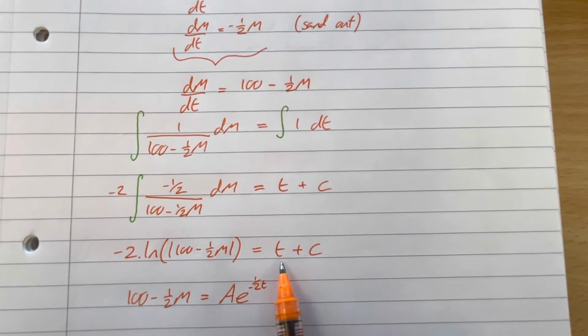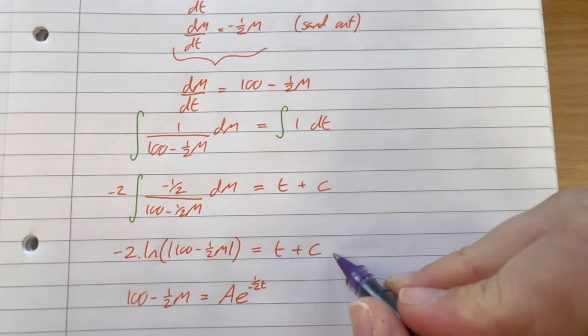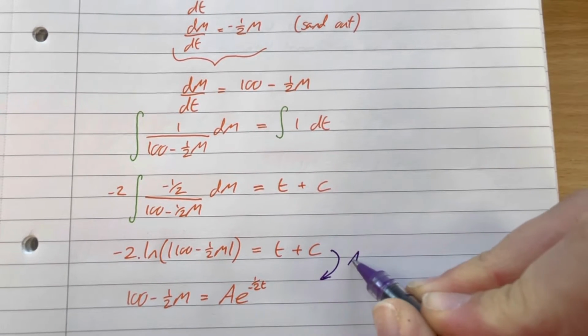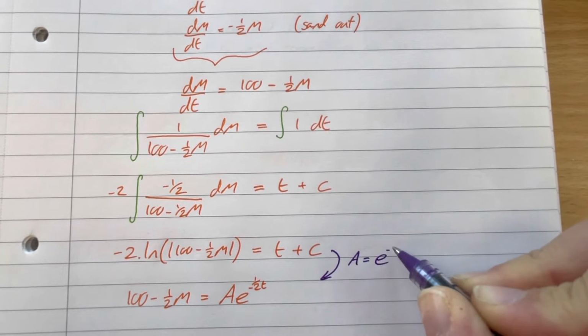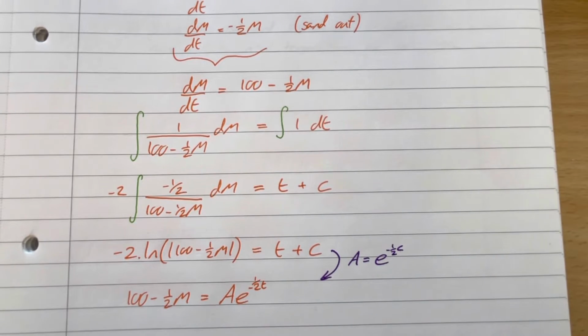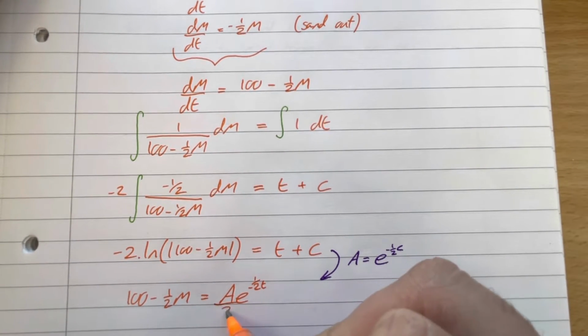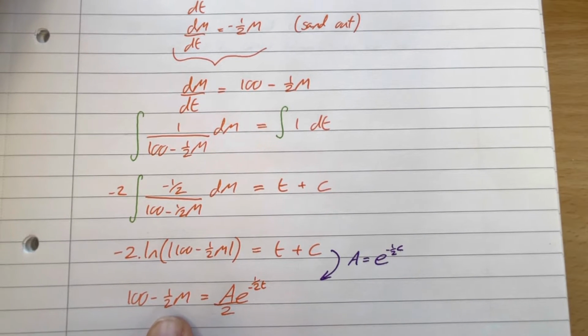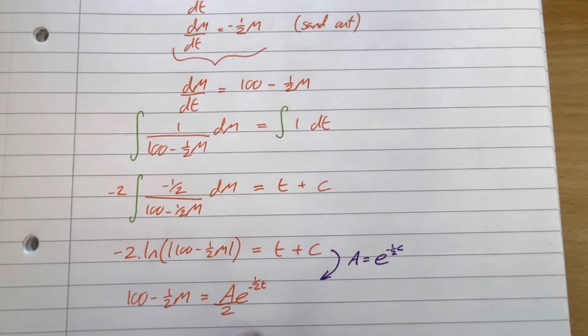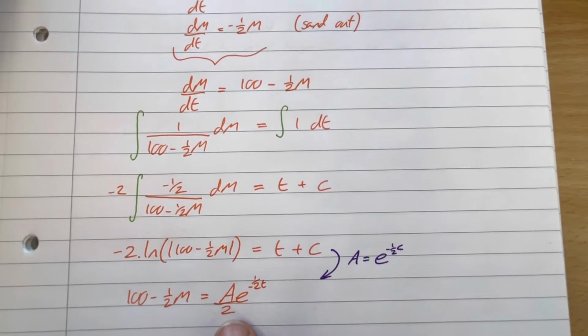Just like in my previous example, I redefined my arbitrary constant, so I should write how I've done it. So a, in this case, is e to the minus a half c. You don't have to redefine it, this does look quite a lot nicer. And in fact, I'm going to put a half there as well, because I'm going to make m the subject, I'm going to end up timesing by 2, so that just means it's just a rather than 2a.